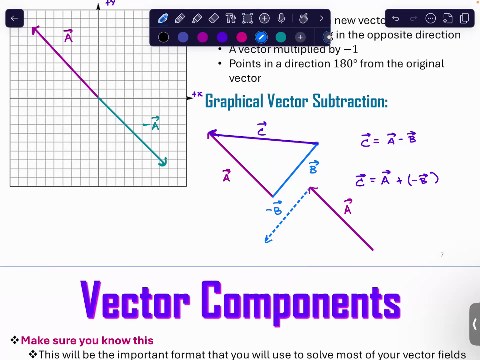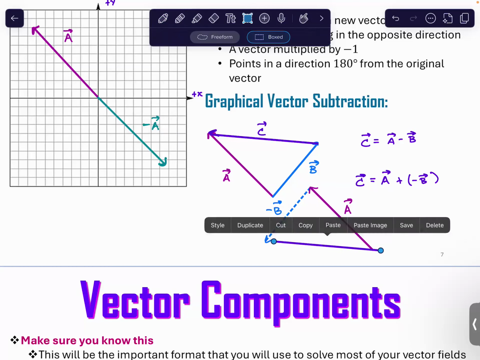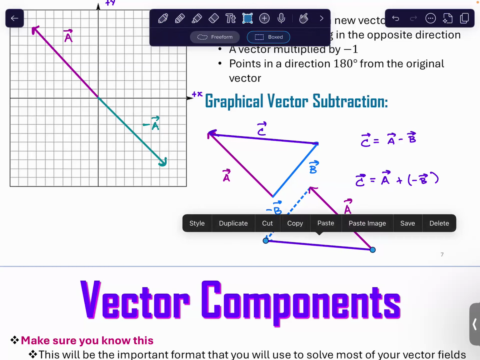So that's your negative B. And then if I took C here, it still fits in there pretty nicely.